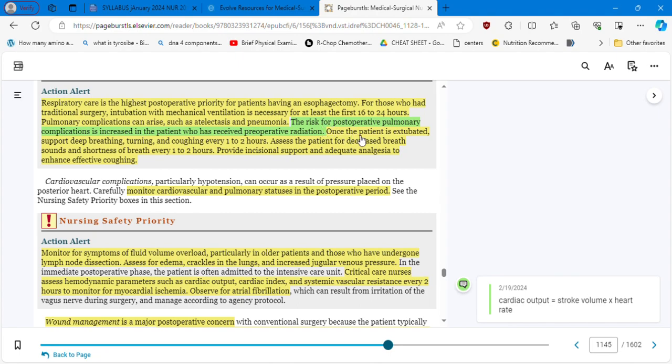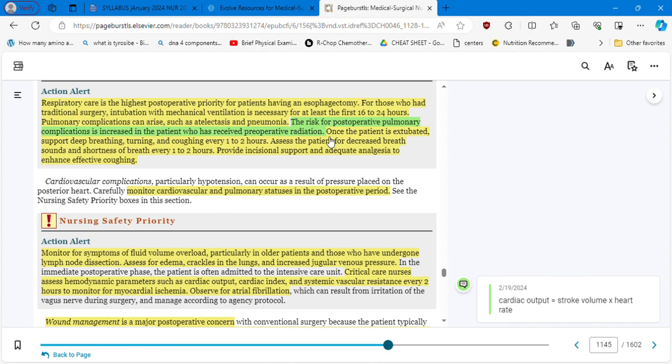The risk for postoperative pulmonary complications is increased in the patient who has received preoperative radiation. Okay, preoperative radiation, because those tissues are already kind of damaged, and patients who usually receive radiation have an immune system that is compromised. Okay, so the risk for complications is high.